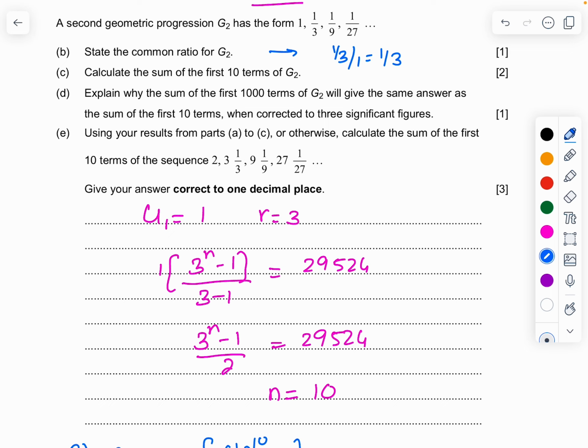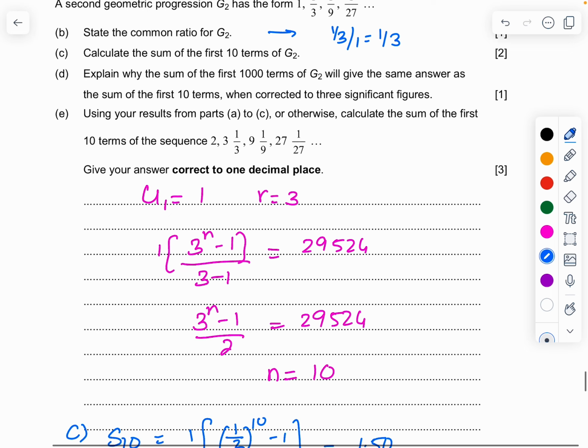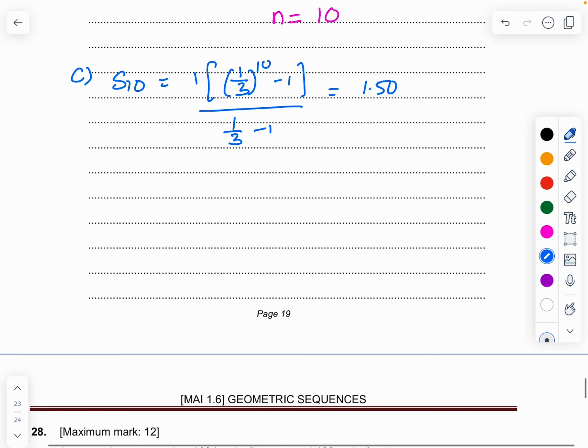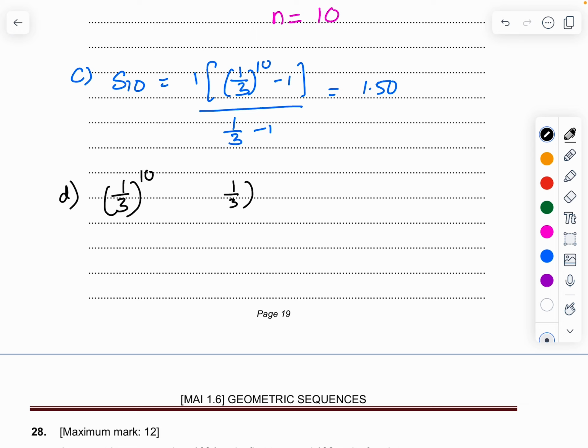Explain why the sum of the first 1000 terms of G2 will have the same answer as the sum of 10 terms when corrected to 3 significant figures. In this case, I'll be using 1 upon 3 whole power 10, and 1 upon 3 whole power 1000.